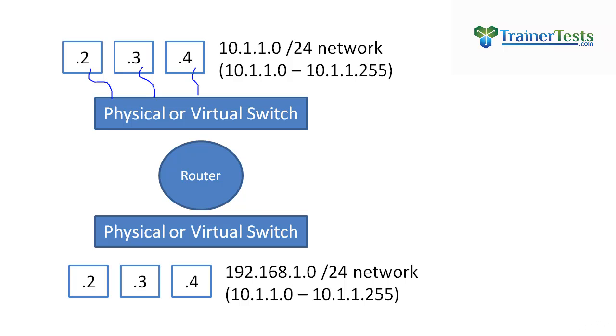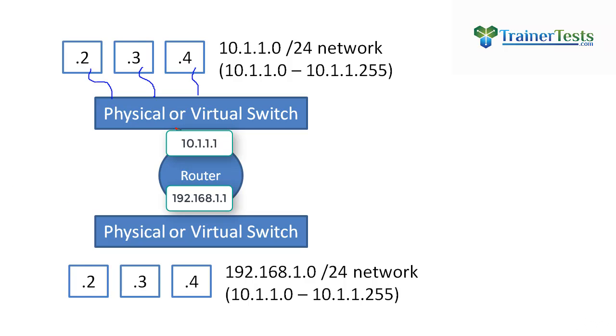We're going to have to use something called our default gateway. And in that case, that's this router that we have pictured here. So the router is going to act as our default gateway for our machines. And again, this is true if you have physical machines or virtual machines, it doesn't matter. You'll go into the guest operating system, let's assume it's Windows, and you'll configure a default gateway for your machine.